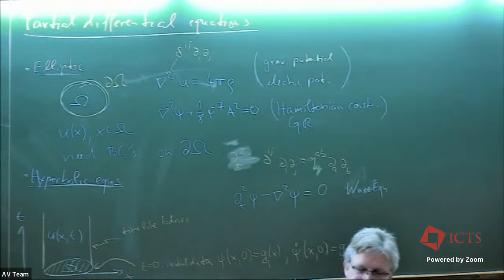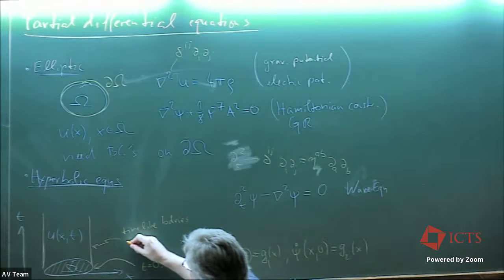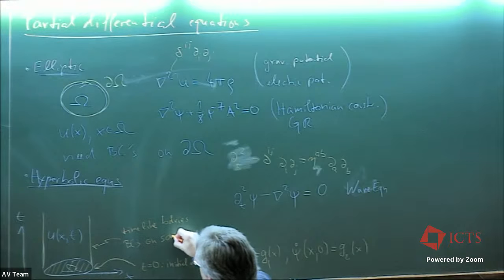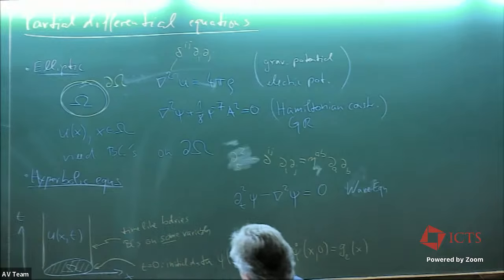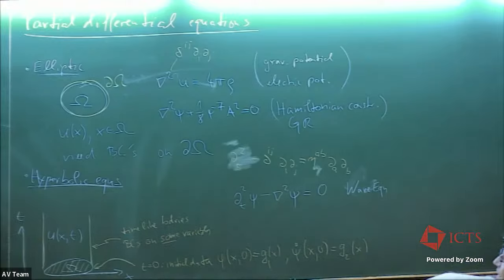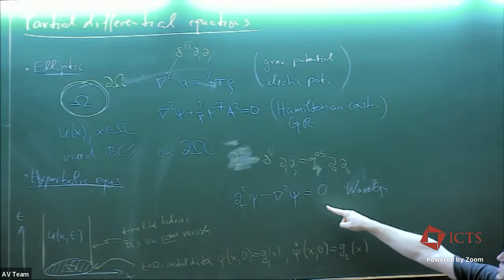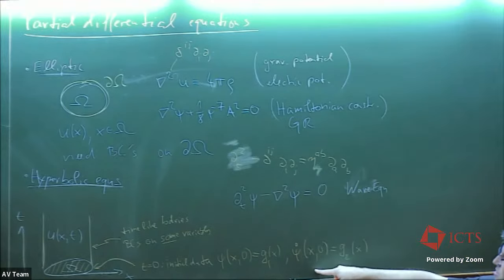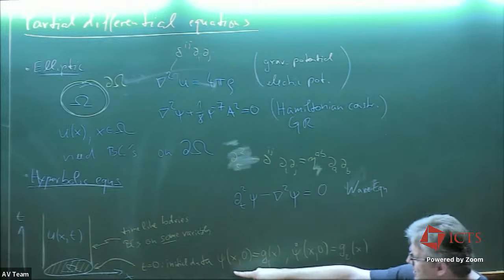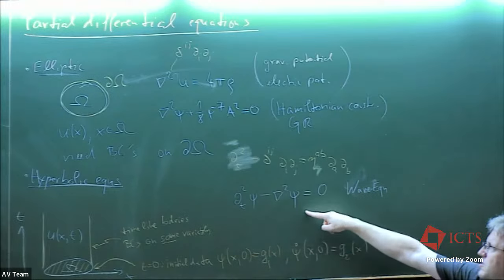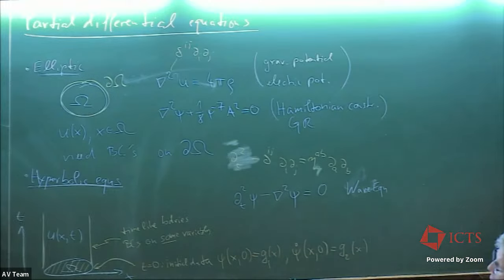Not all, usually more than 0, but some. Boundary conditions on some variables. And the curious thing even down here is I have one wave equation for one variable psi here, but I still need two initial value conditions on psi and on psi dot. And this is because this is a second order equation in time.